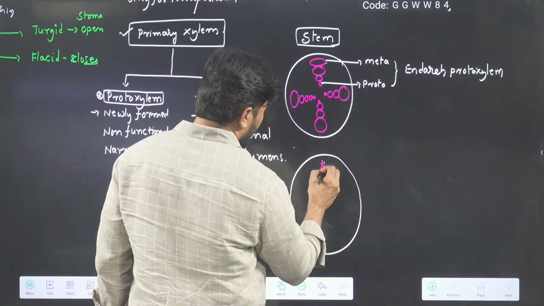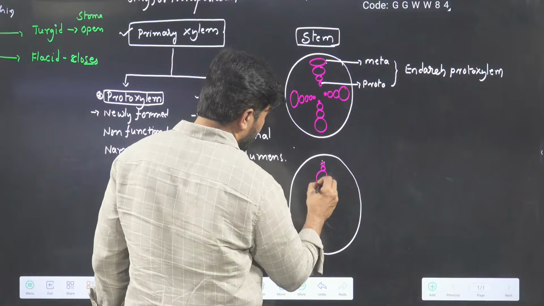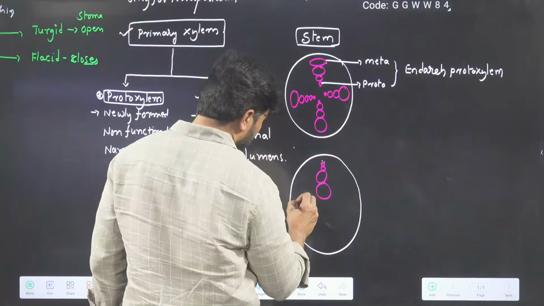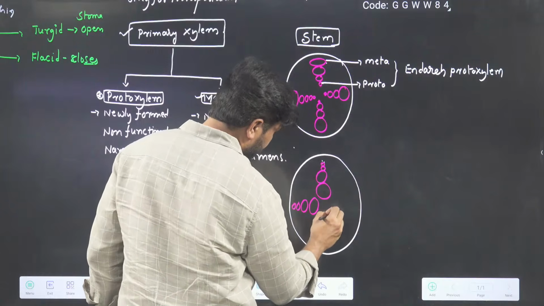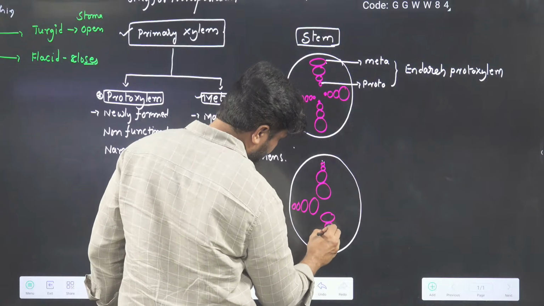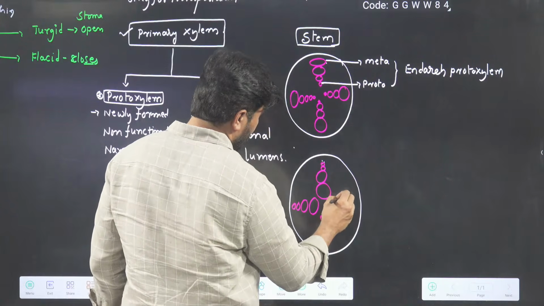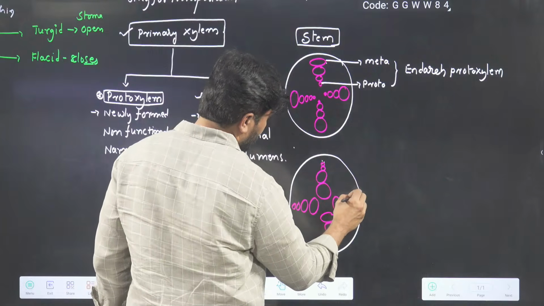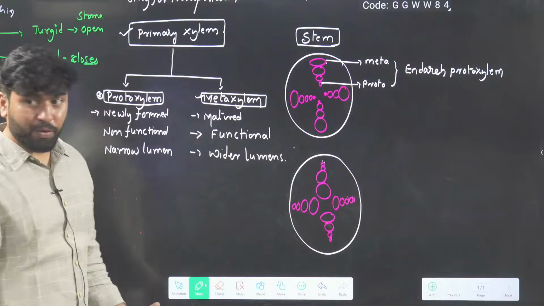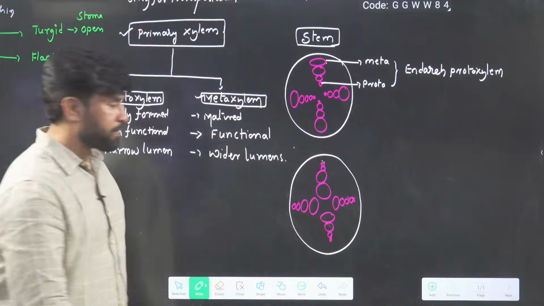Protoxylem, the young one, is present towards the periphery. Metaxylem, the old one, is present towards the center. Observe the opposite direction.